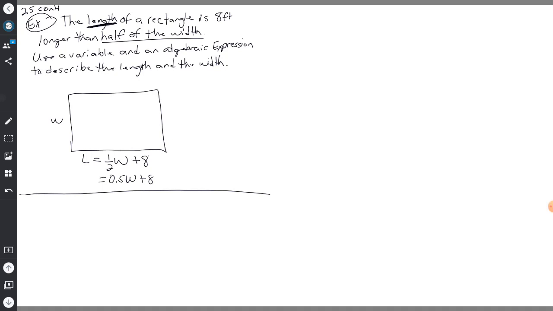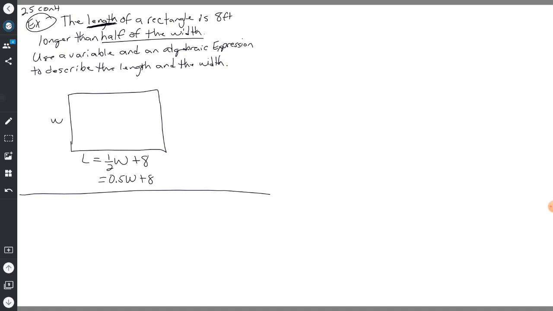Because I was completely thrown off with this one. This is not necessarily a formula, but if there was a second question that said find the area, you would use it. I don't know if it's on the same wavelength as this.